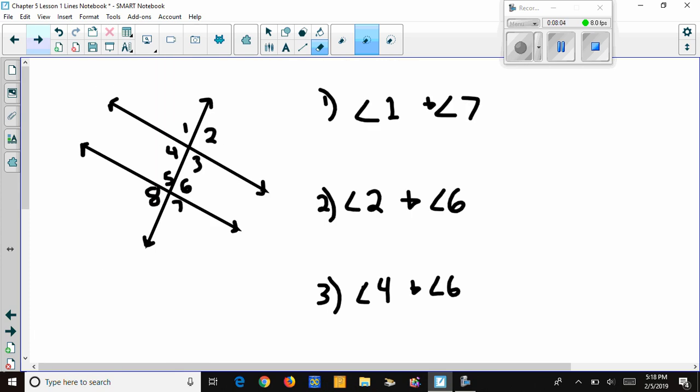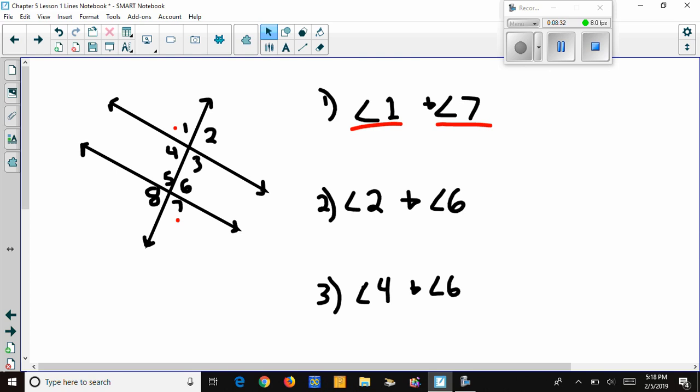Now this picture on the left, you would need to copy down into your notebook. Now let's take a look. I want to first start with angle 1 and angle 7. And I'm going to mark those with these dots real quick so we know where we're at. Now angle 1 and angle 7, we want to classify them based on our definitions.